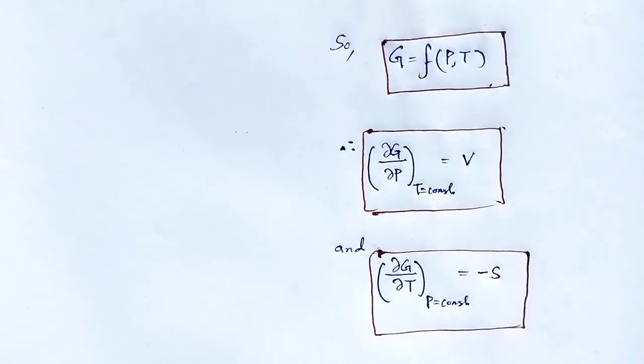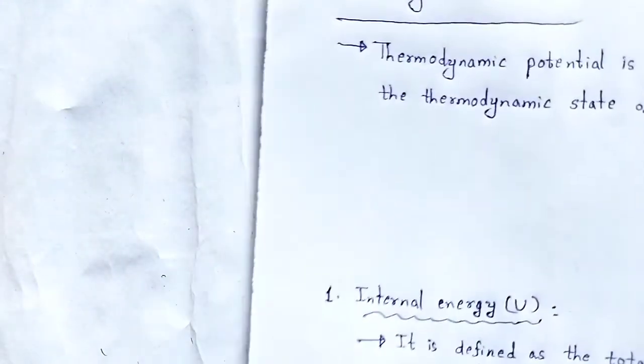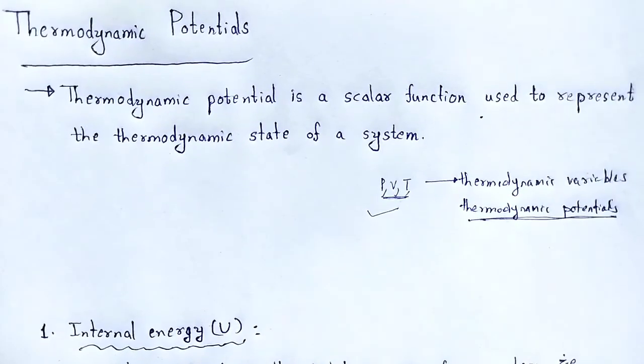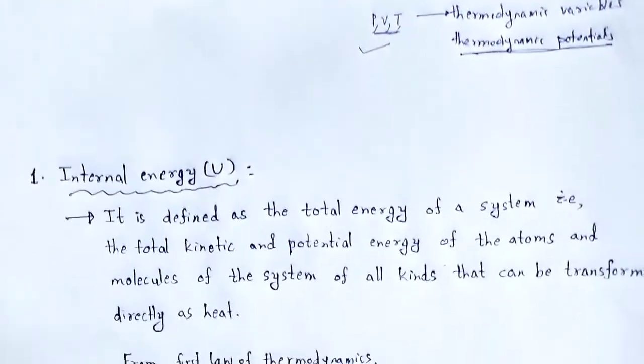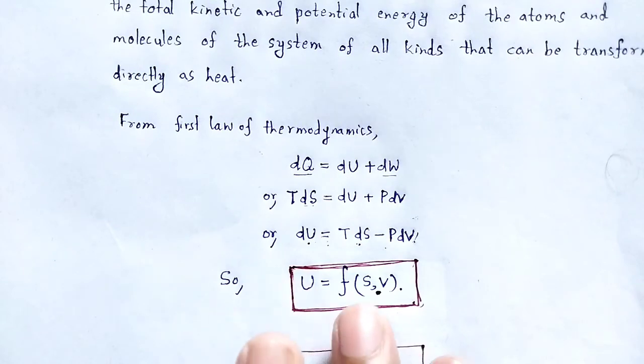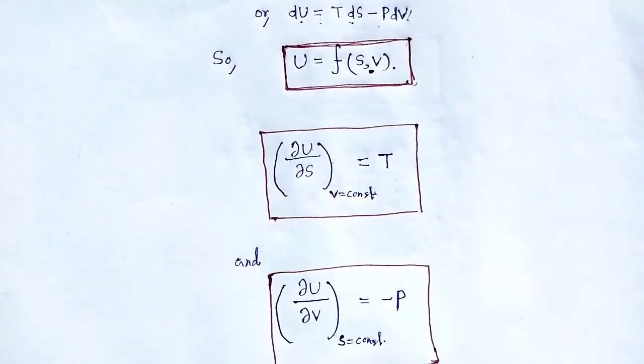What we studied throughout this entire video lecture is what thermodynamic potentials are, and why it is necessary to study them. There are four thermodynamic potentials that we have to discuss elaborately in this chapter. One is internal energy, which is a function of entropy and volume, along with its partial differentials.